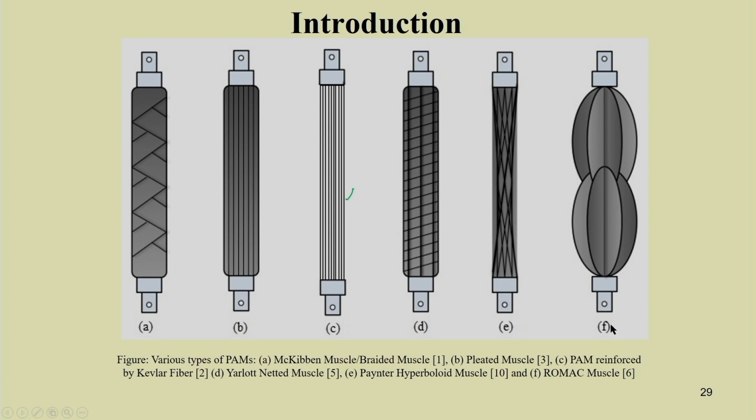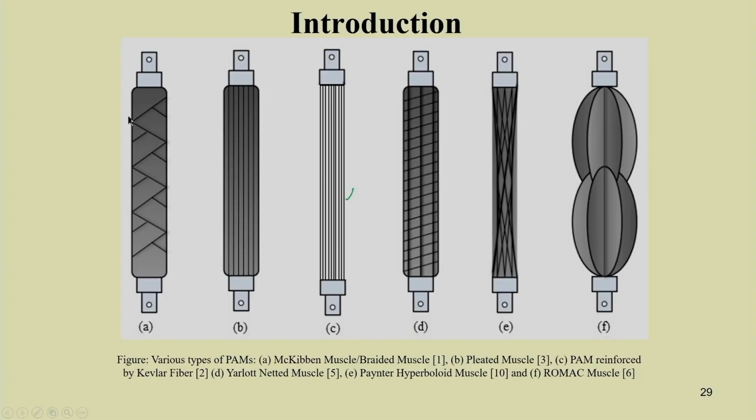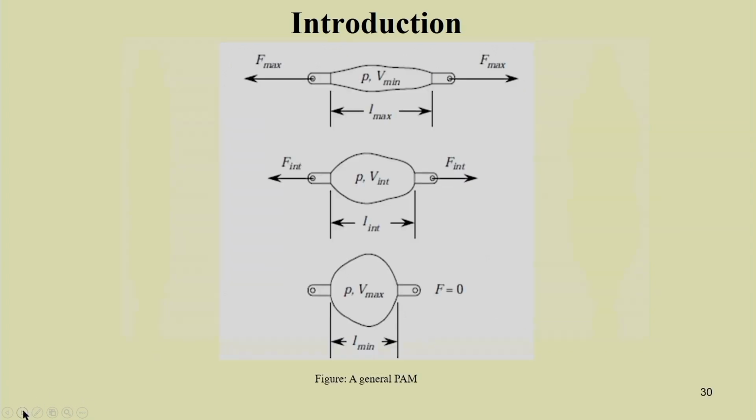Here you are inserting air pressure, and as the length is constrained, it cannot go beyond a certain length, so it will bulge. As it bulges, there will be contraction in the muscle. Due to this contraction, it can pull to do some work, so you can use it for different purposes.